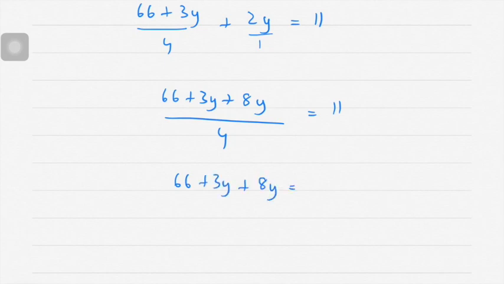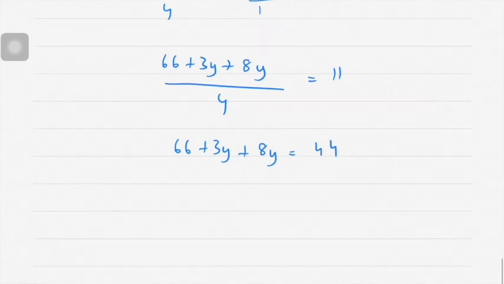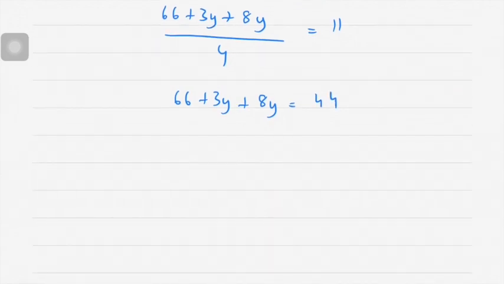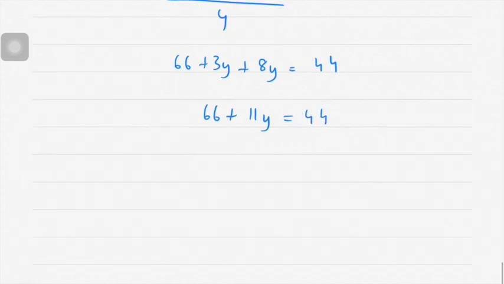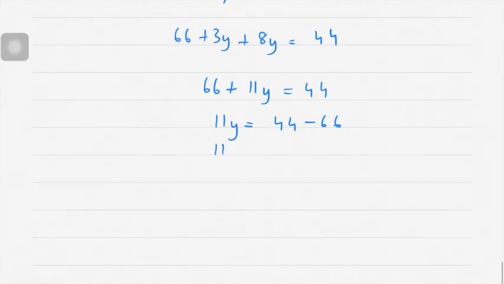The 4 I'll take to the other side. So 66 plus 3y plus 8y is equal to 4 into 11, which is 44. So 3y plus 8y would be 11y. 11y is equal to 44 minus 66.